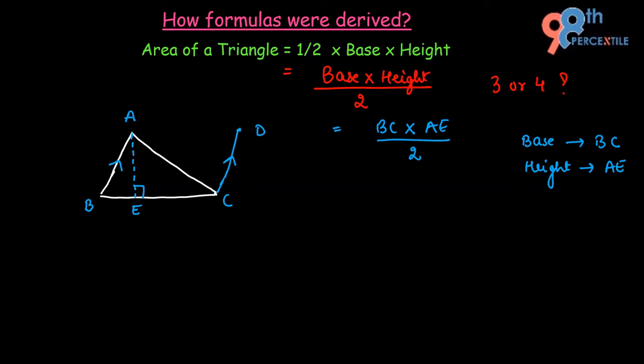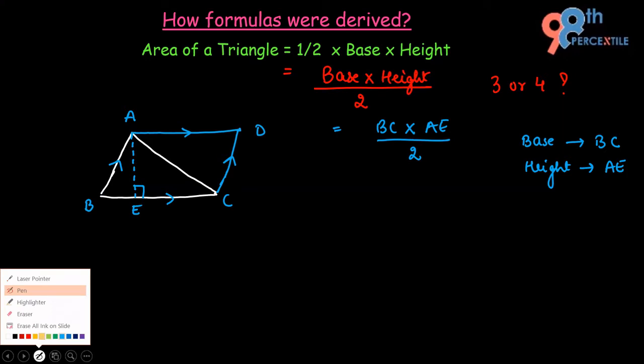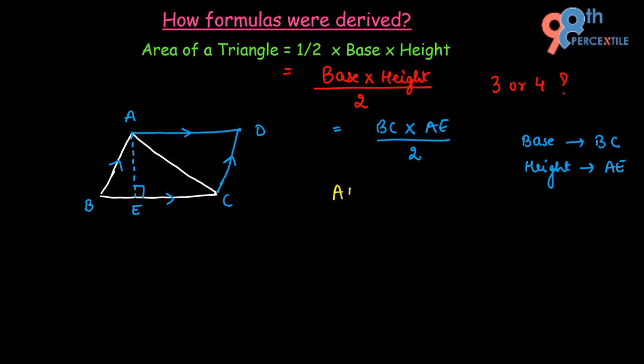And I also want you to connect these 2 points A and D. So this means AD is parallel to BC and AB is parallel to DC. So this quadrilateral ABCD is nothing but a parallelogram, because in this quadrilateral we have 2 pairs of opposite and parallel lines. So ABCD is a parallelogram.